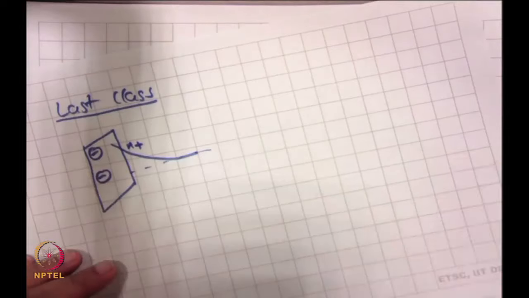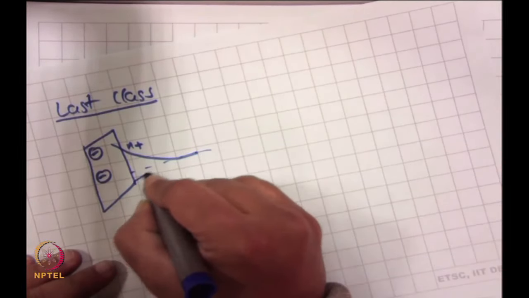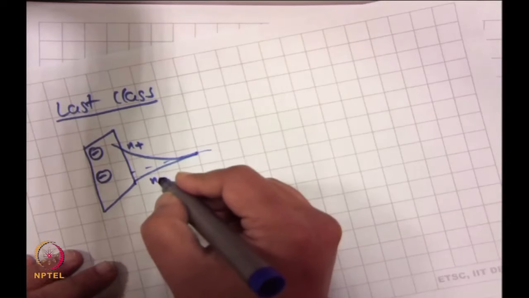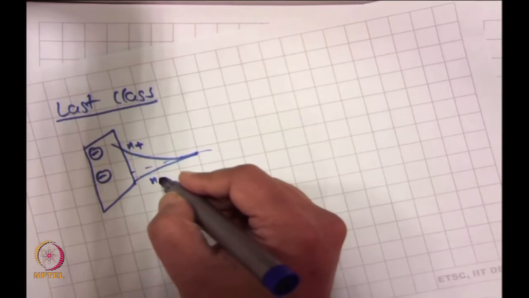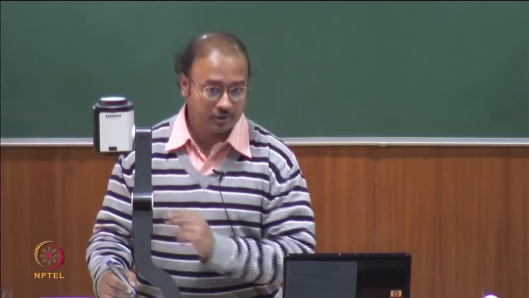As you move out, the concentration decays. Similarly, for negatively charged ions, they would be most depleted near the plate, and then the concentration starts growing.